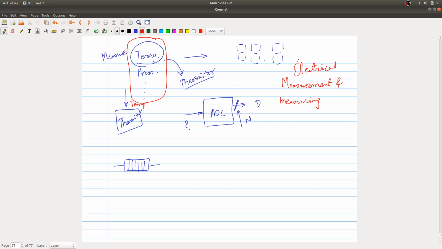So what this course teaches you is all the different transducers for different quantities: temperature, pressure, flow, and level. Four quantities, four various transducers, but how to connect them is also part of it.